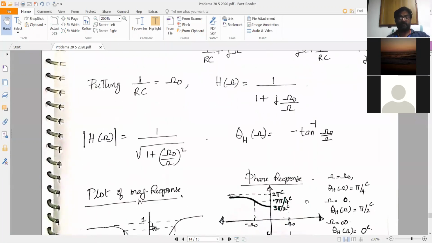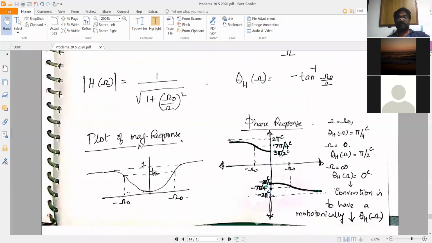So as before, you see that the magnitude response of the gain is equal to 1 by root of 1 plus omega 0 by omega the whole square, and theta h of omega is equal to minus tan inverse omega 0 by omega. Now we will plot the magnitude and the phase response.